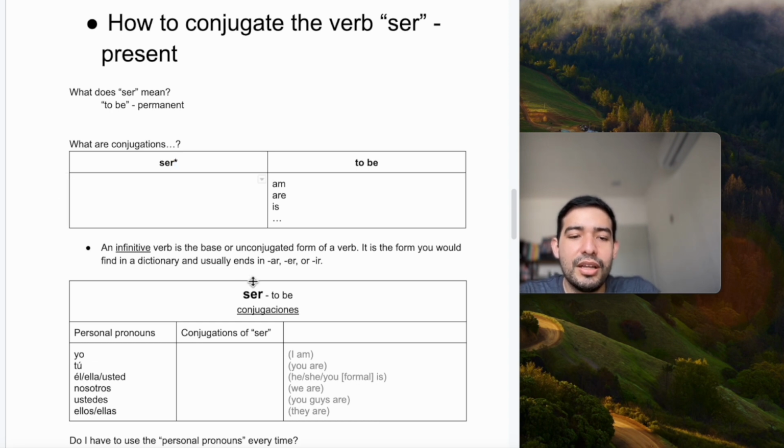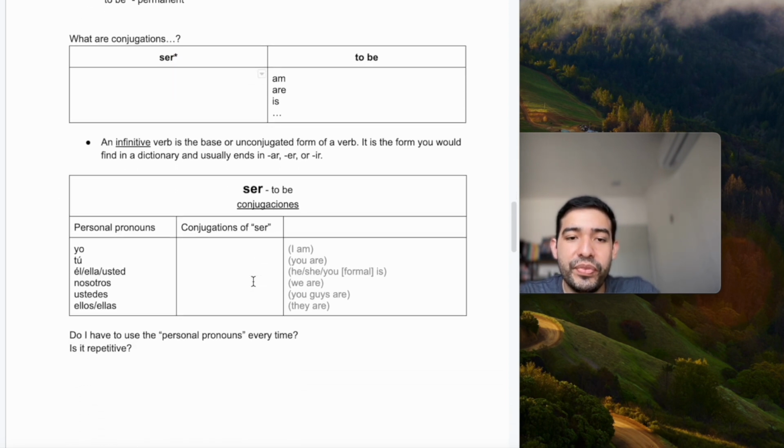So now we can come here and look at this. Ser, it means to be, it's permanent, remember it? And the conjugations of ser are here. Now, yo would be yo soy. And these two things together mean I am. Yo soy means I am. Tú eres.